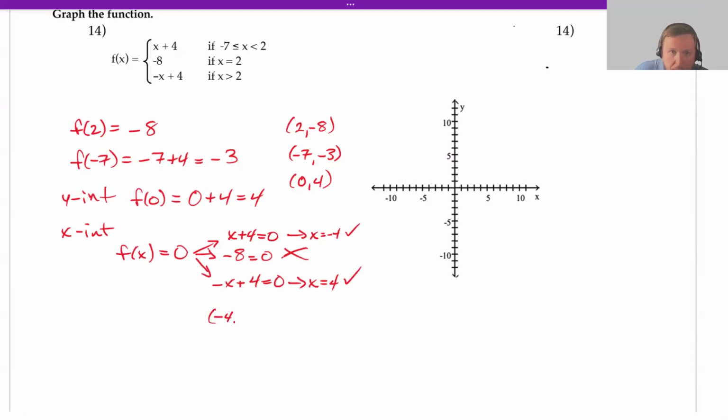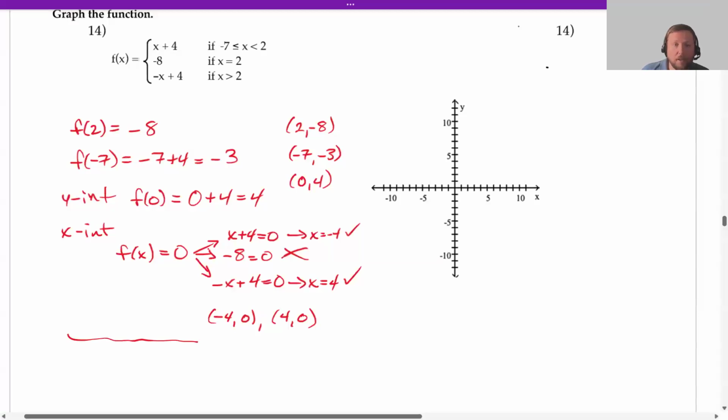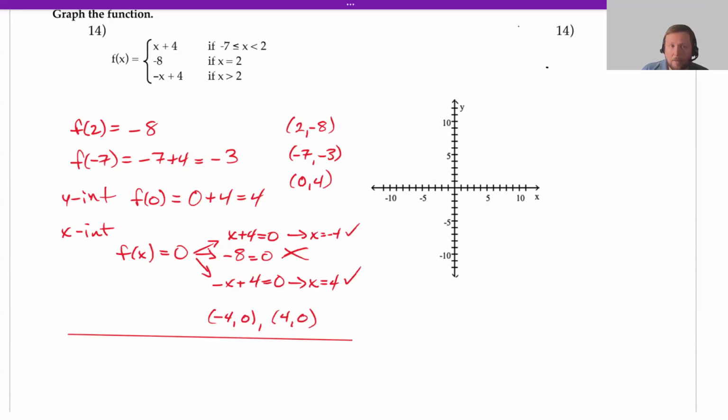So we have the x-intercepts (-4, 0) and (4, 0). Be careful because it is possible that you could get a solution that's not actually in the domain of that piece. So what we've done is we found points that are on the function. X-intercepts you have to be careful with.